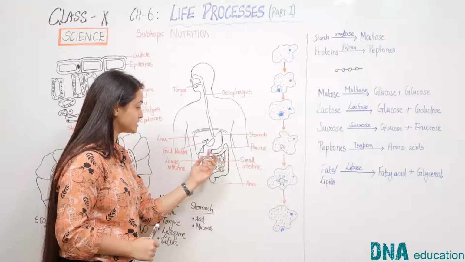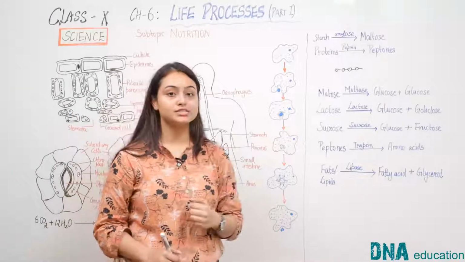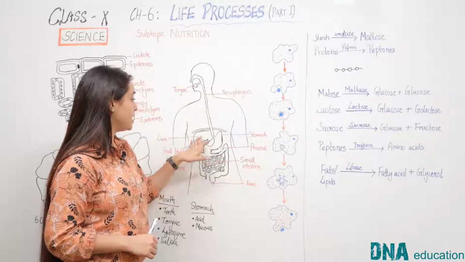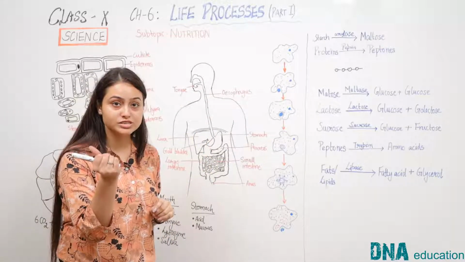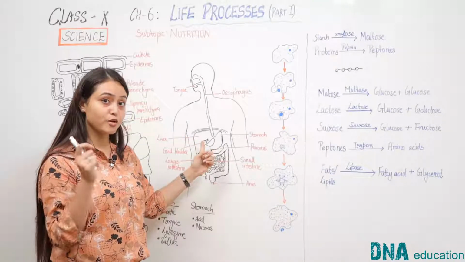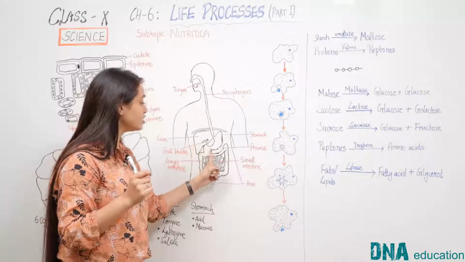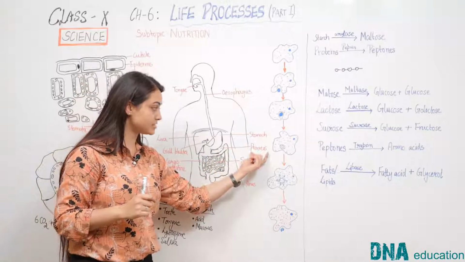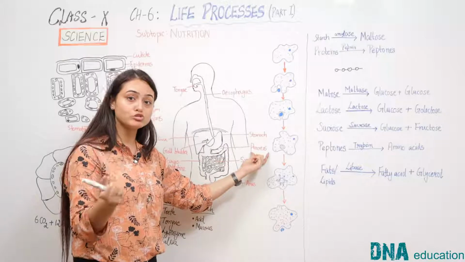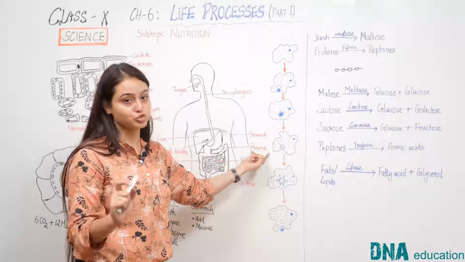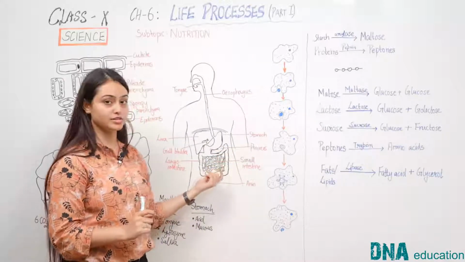the small intestine. Now in small intestine many things happen. First of all, the liver produces bile juice which is stored in gallbladder. The bile juice from gallbladder and the liver also enter the small intestine, and there is a pancreas, another gland that also releases its digestive secretions called pancreatic juices inside the small intestine.